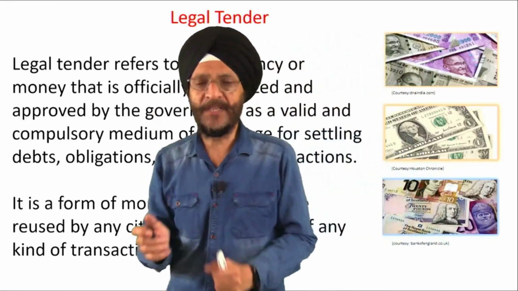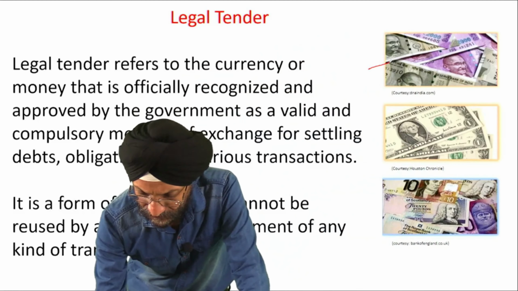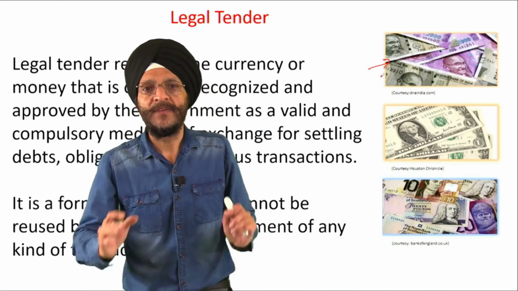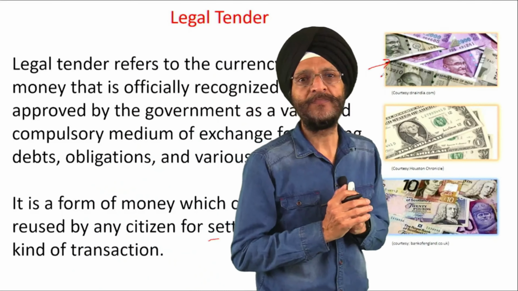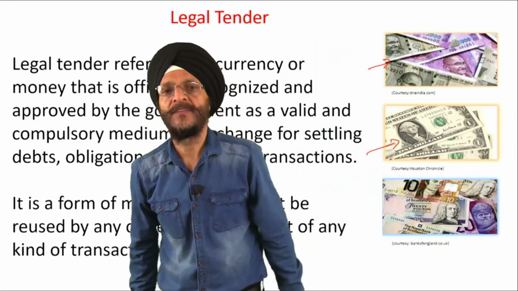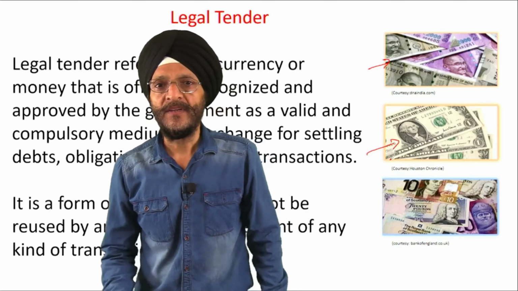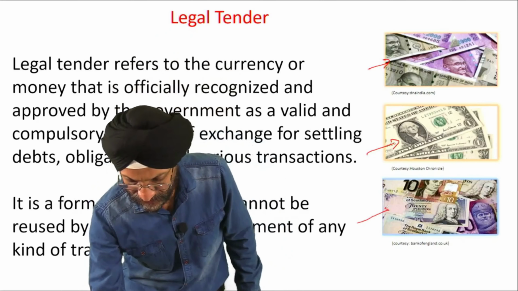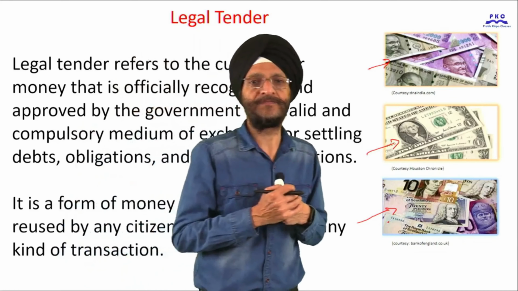You can see in the picture, these are the currency notes which are used in India. These are the currency notes which are used in USA, and these are the other currencies which are used in other countries.